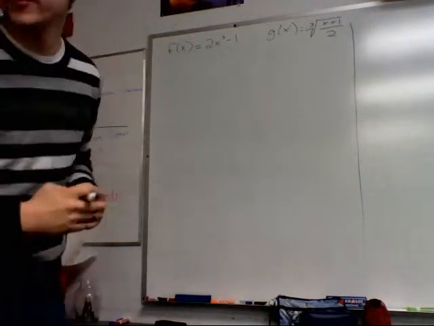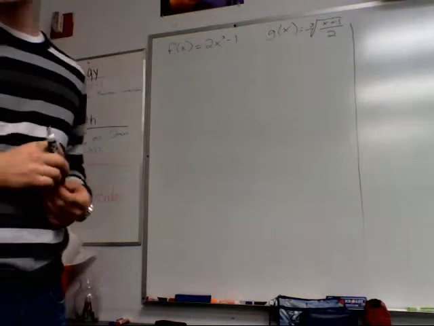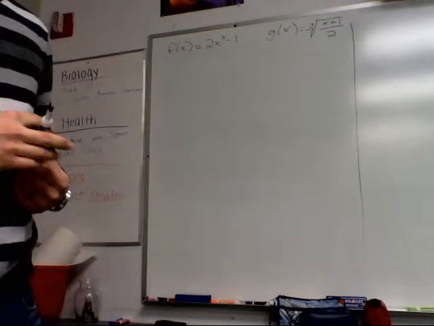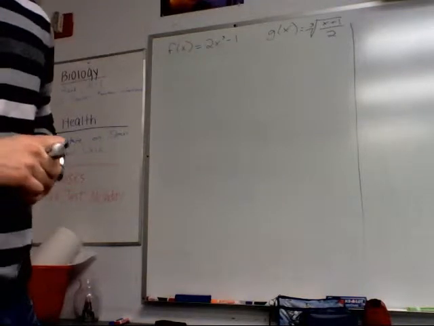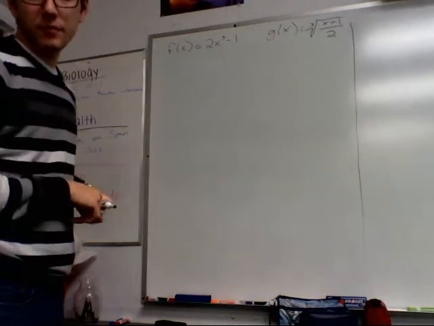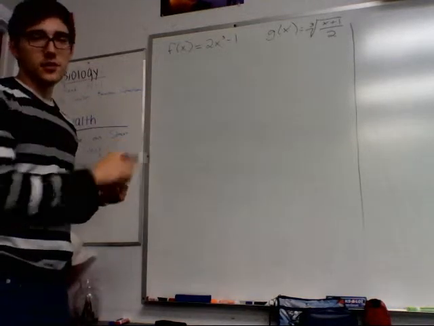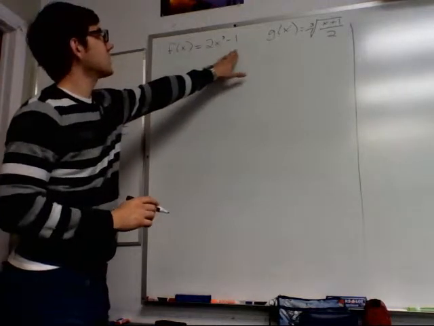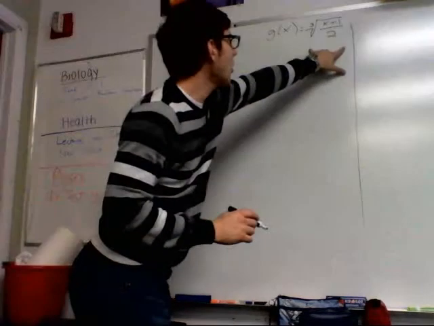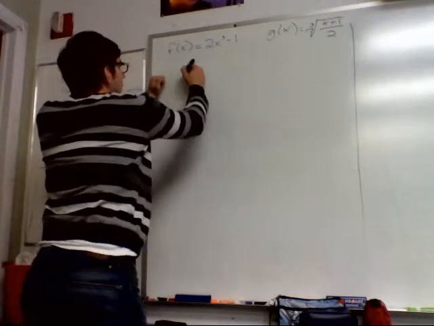Yeah, it's fairly visible. Okay, so the way that you check is that we go and we plug in g of x for f of x. So basically, wherever there's an x, you replace it with the equation. So where we have 2x cubed minus 1, we plug in all of this in the x here. Okay, so let's do that for f of x.